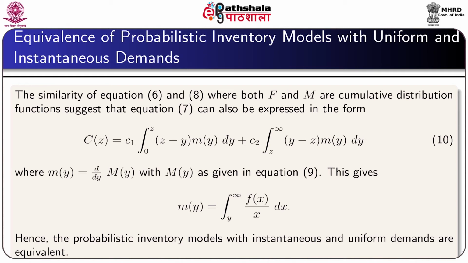The similarity of equations 6 and 8, where both F and M are cumulative distribution functions, suggests that equation 7 can also be expressed in the form C(z) equal to C1 integral 0 to z (z minus y) m(y) dy plus C2 integral z to infinity (y minus z) m(y) dy, where m(y) equal to dM by dy, with M as given in equation 9, and this gives m(y) equal to integral y to infinity f(x) by x dx.